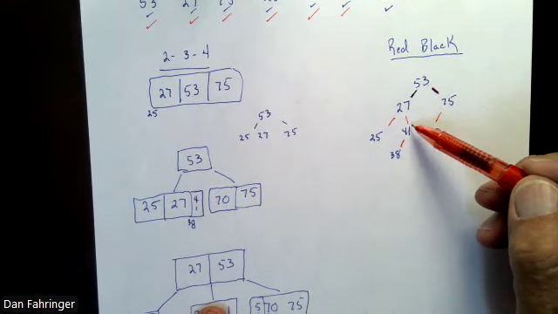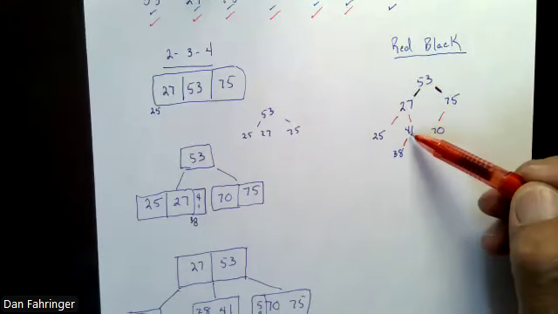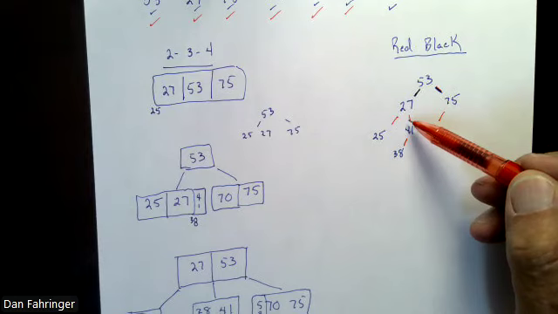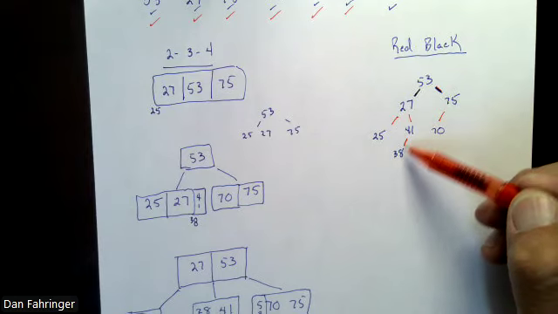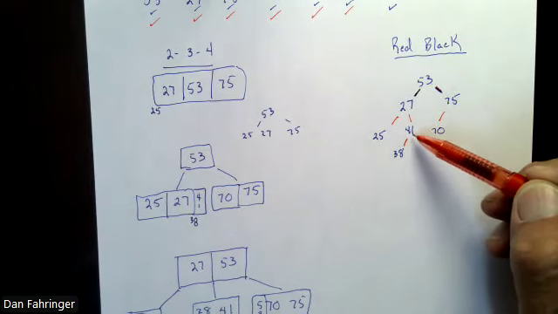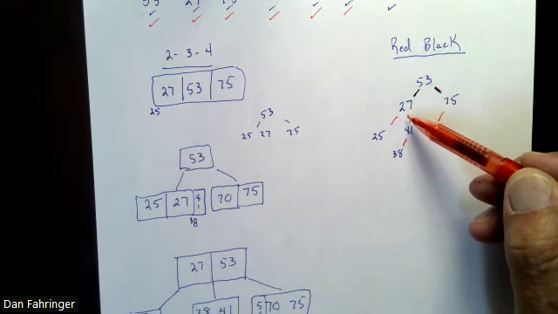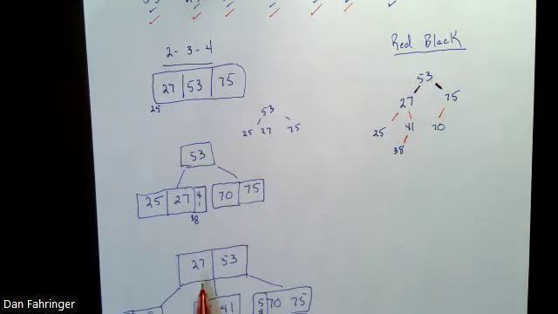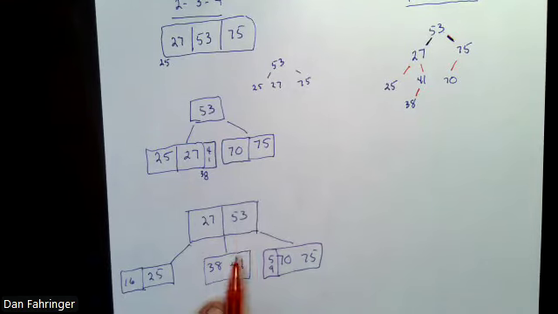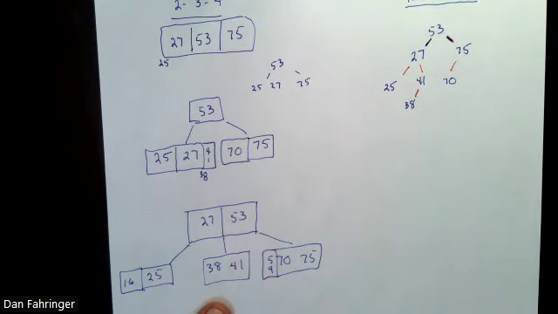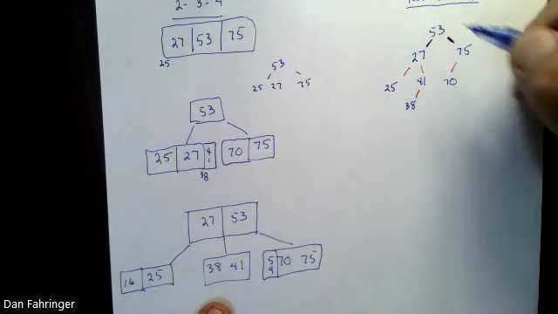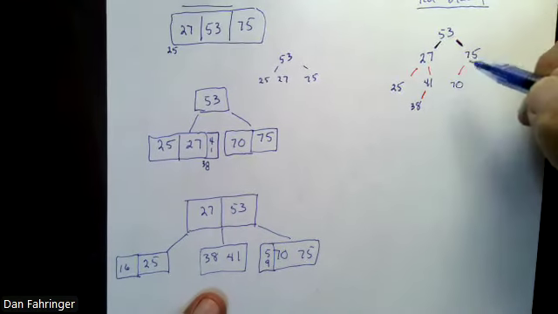Former siblings become black. Yes. So all of a sudden, 41 to 27. So when I added this red, 41 to 27 became a, 27 went up and became the parent, right? So this is now a parent.